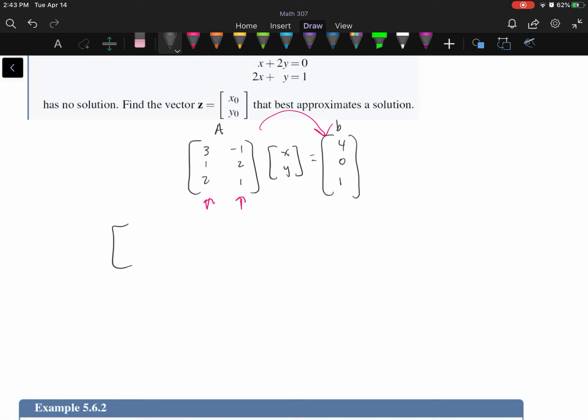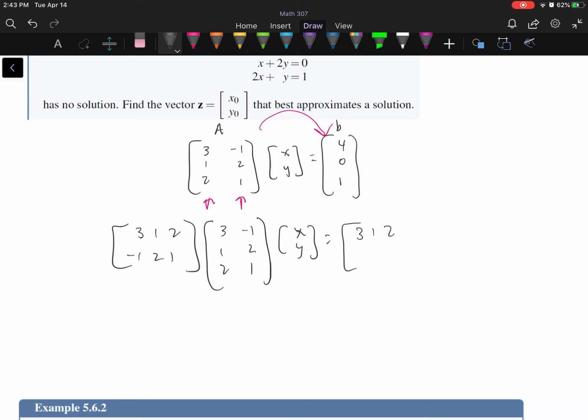So let's do this. 3, 1, 2, negative 1, 2, 1, times 3, 1, 2, negative 1, 2, 1, equals 3, 1, 2, negative 1, 2, 1, times our vector B, 4, 0, 1.